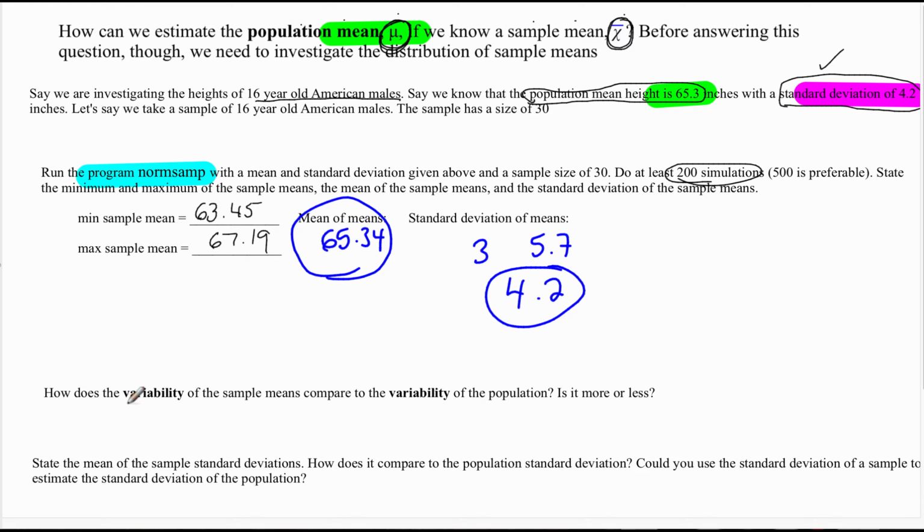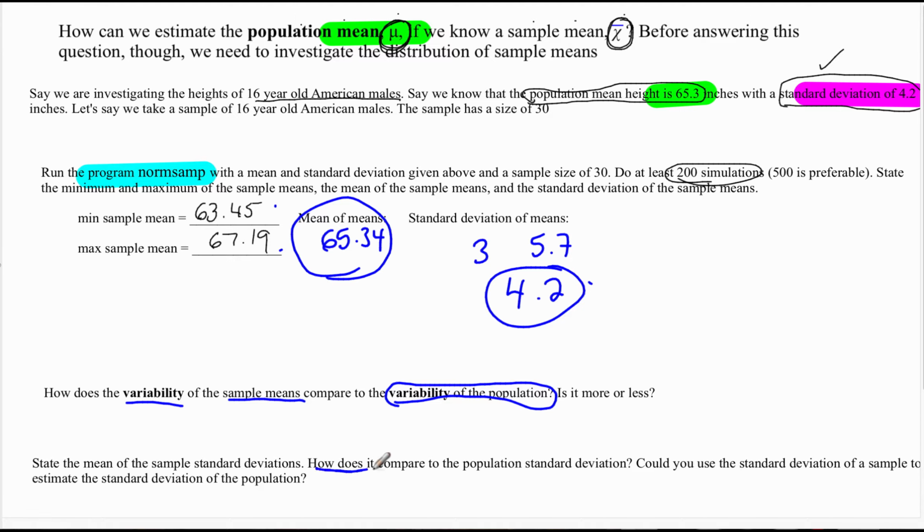How does variability of the sample means compare to variability of the population? Is it more or less? Well, we saw that the average height could range more or less, and that the average of the average was very close to the population, and the same. But with the standard deviation, 4.2, spot on.